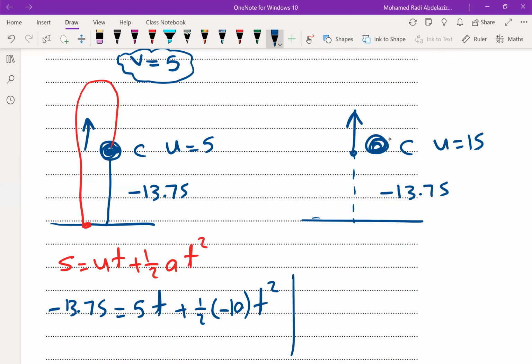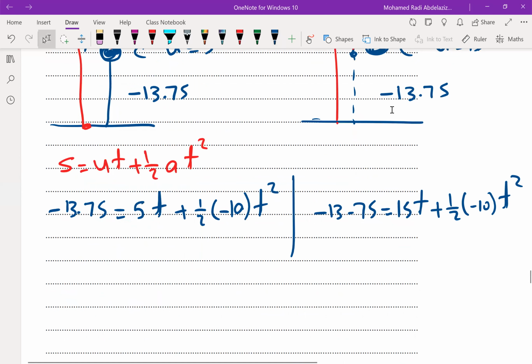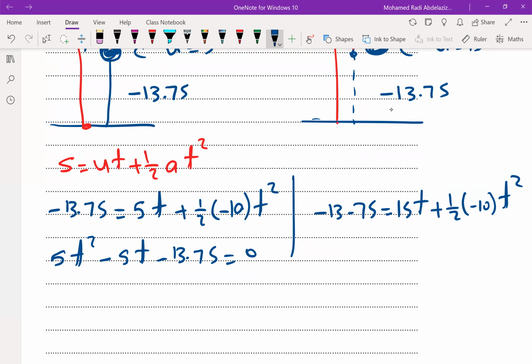By the same way, -13.75 is equal to ut, which is 15t, plus half of -10 times t squared. Calculate the time taken for each to get back to the ground. The first one, by solving a quadratic equation, written simplified in standard form, will be 5t squared minus 5t minus 13.75 is equal to 0.